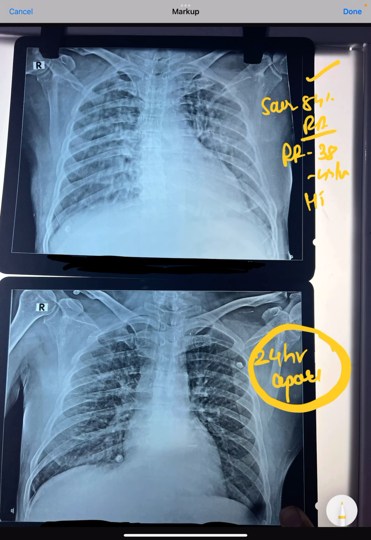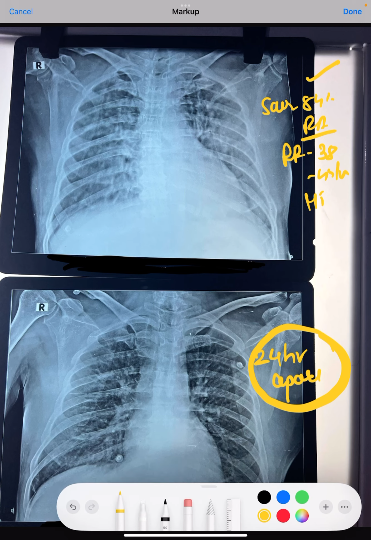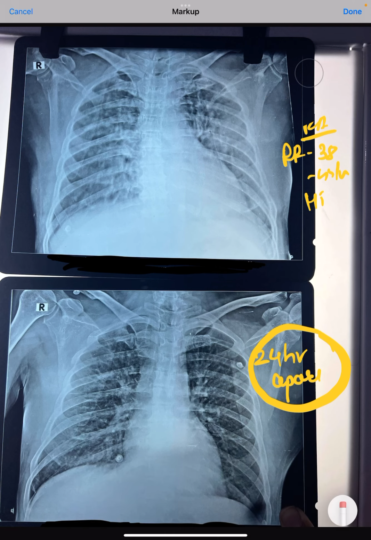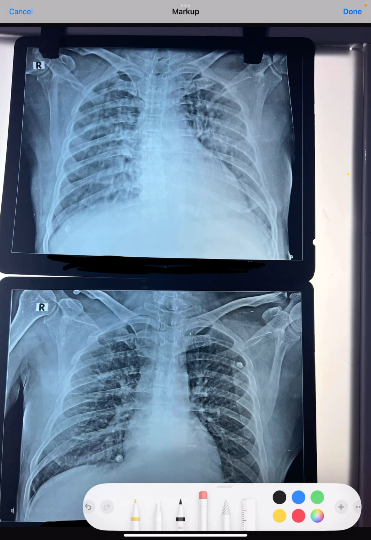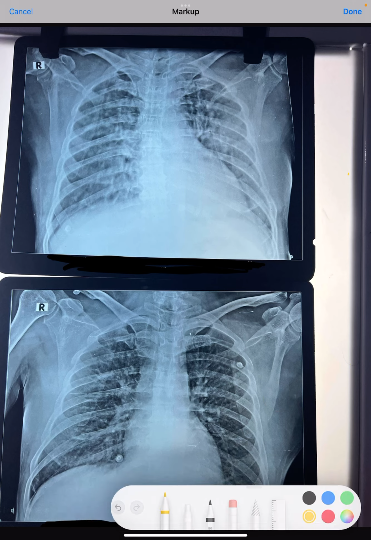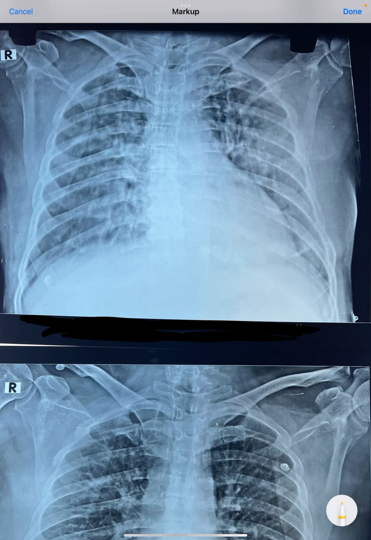So he was immediately put on NIV and we did an X-ray, and the X-ray showed this. Whenever we see such an X-ray of any patient who has tachypnea, whose respiratory rate is high, what we can see in this X-ray is that this patient has some perihilar haziness, which is much more present in this area.